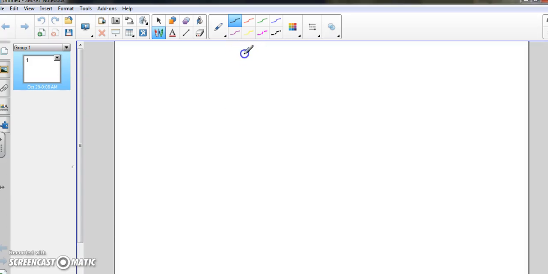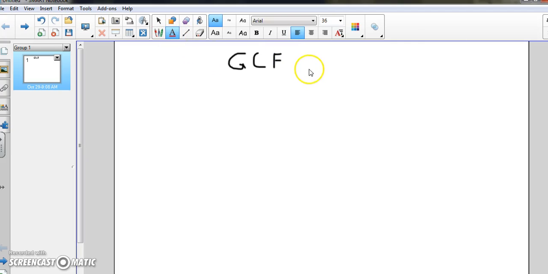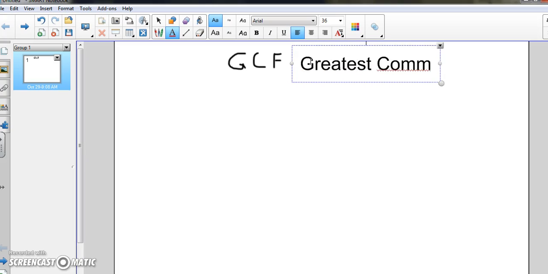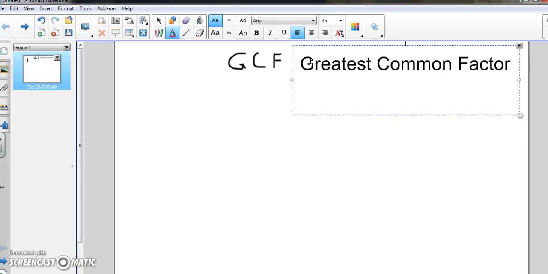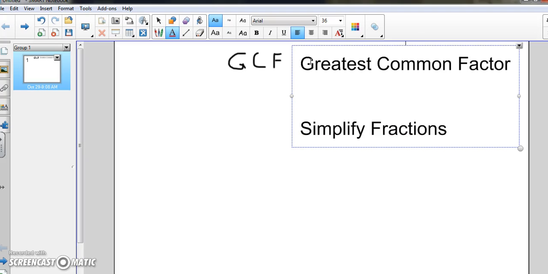Alright, today we're going to look at the GCF, which stands for greatest common factor. And we're going to look at using that greatest common factor to simplify fractions.